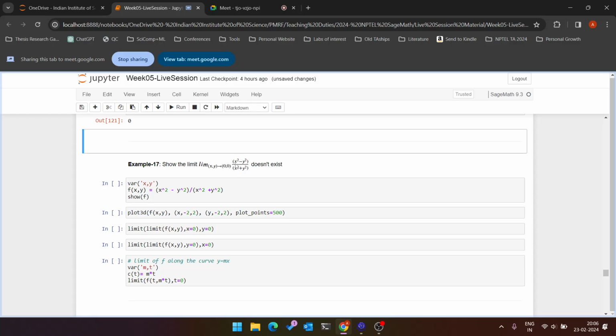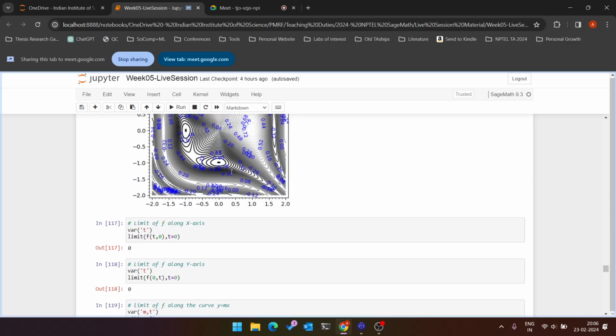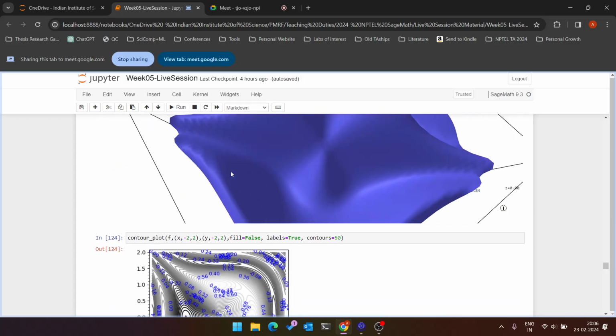Both of my r square will cancel out, and I'll basically have an expression of cos of 2 theta remaining, which basically tells me that my limit will depend on theta, or on the angle of approach towards origin.